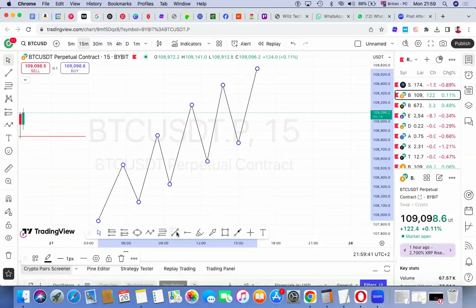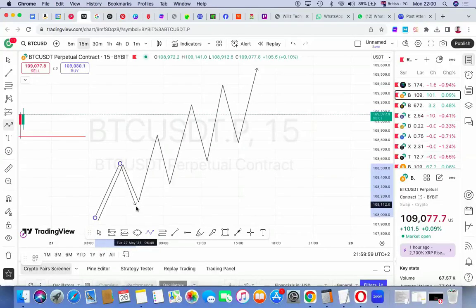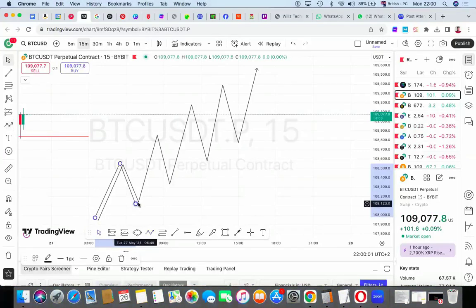So in this scenario, what we first see the market do is create an impulsive move to the upside, and then create the pullback leg down in this range, and then we see the impulsive move to the upside again.